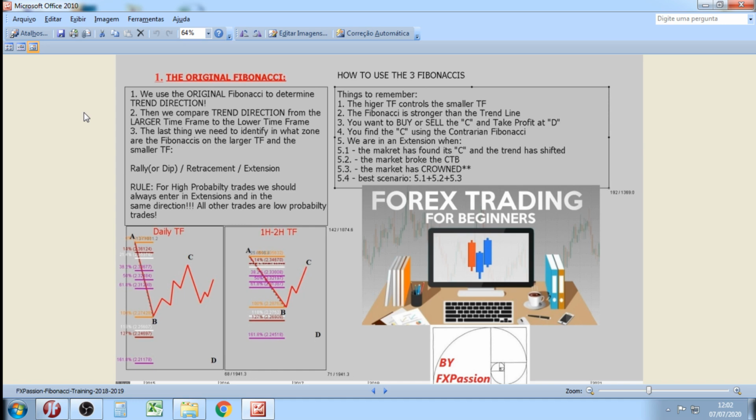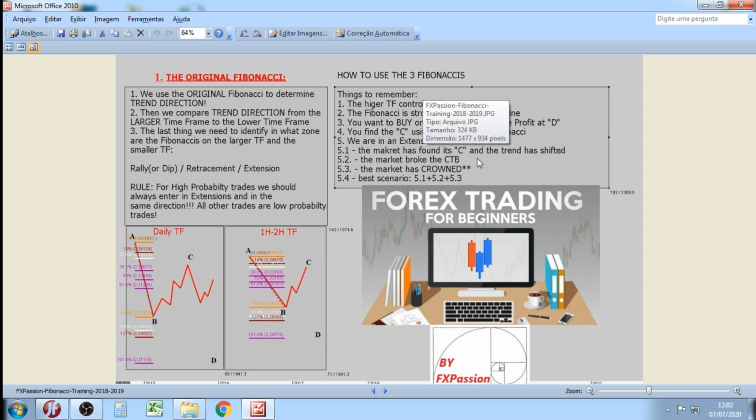And we need to determine if all the time frames have the same rally or dip in a downtrend, retracement or extension. And rule, for high probability trades, we should always enter in extensions and in the same direction. All the other trades are low probability trades.